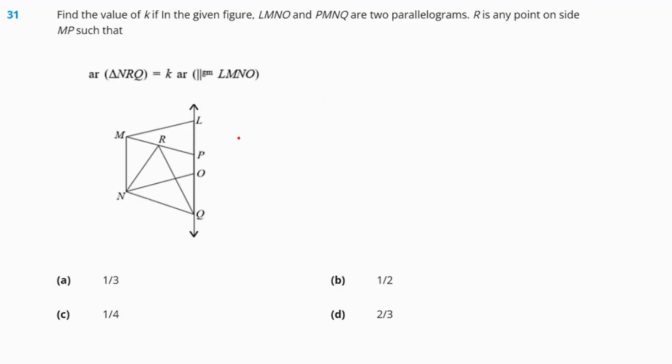What we can see over here is that LMNO and PMNQ are two parallelograms. From the figure it can be seen that they share the common base, which is MN. MN is the common base for both LMNO and PMNQ, and their other sides are on the same line segment, which is LQ.